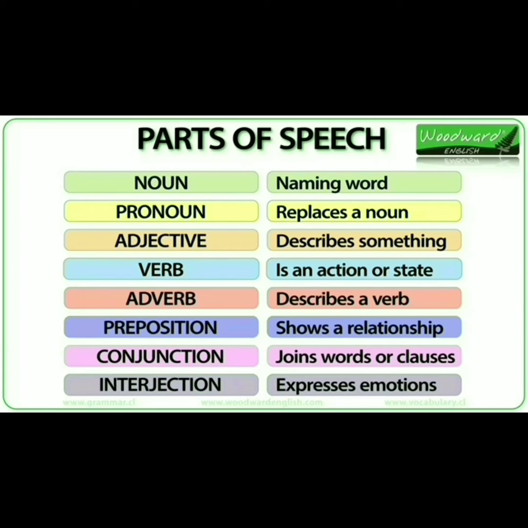Adverb, it describes a verb or an adjective. Preposition, it shows a relationship, or we can say it shows connection between two things. Conjunction, it is a joining word, or it connects two parts of a sentence. Interjection, it expresses strong feelings or emotions.